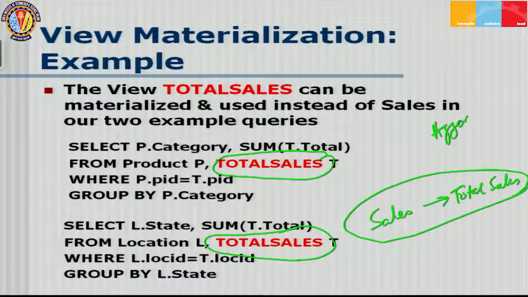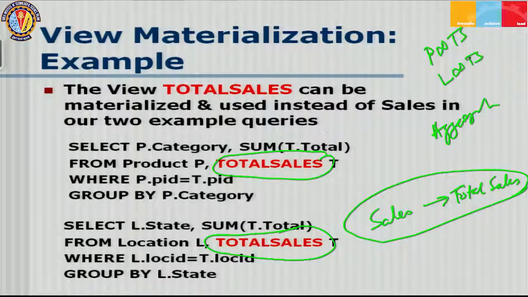You don't save on the join part, because you are still carrying out the join. Now you are doing a join between product and total sales, and similarly location and total sales. Since total sales is aggregated, it will be a much smaller table than the sales table.